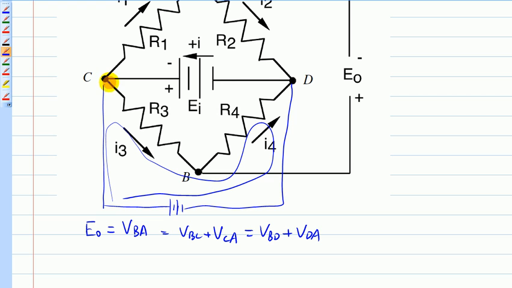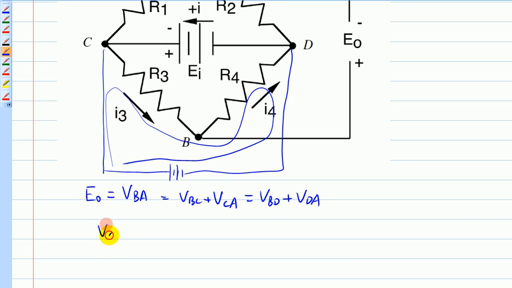But in this case, what you're going to get is VCB, right? It's a voltage divider. And what would that be? That's EI divided by the summation of R3 plus R4 and multiplied by R3, right? That's VCB. But we need VBC, of course, that equals negative of this guy here, right?